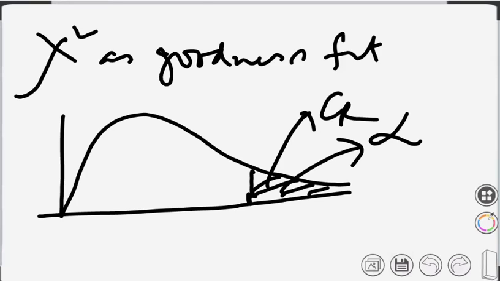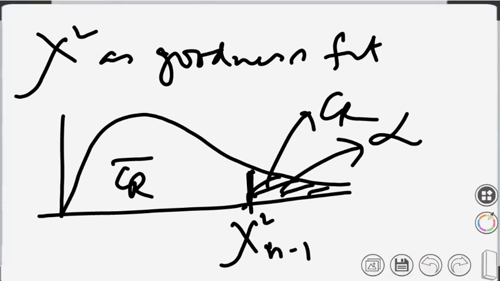The critical point is a chi-square value with k minus 1 degrees of freedom.